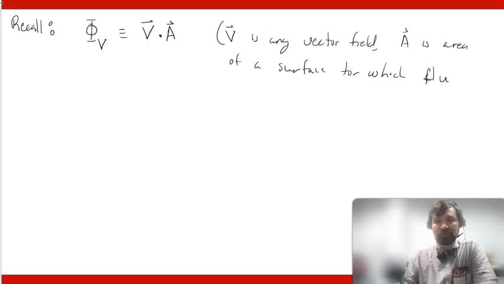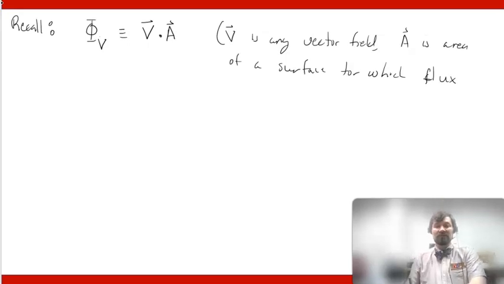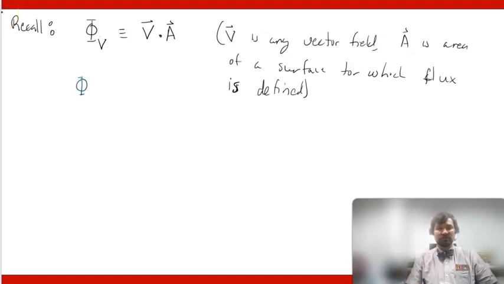And recall that the area vector is always perpendicular to the surface which it is the area for. So that is the definition in general. We did, for example, the flux of an E field, which was E dot A. This led to Gauss's law for what it's worth.